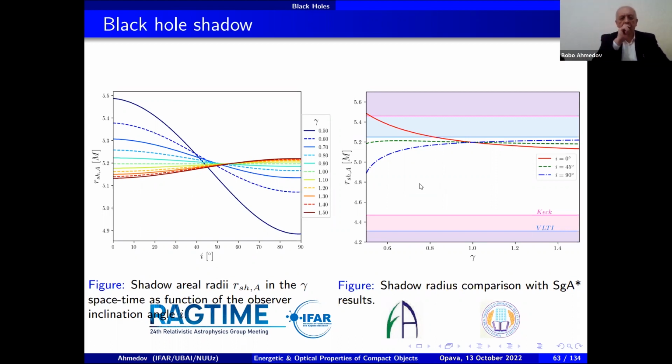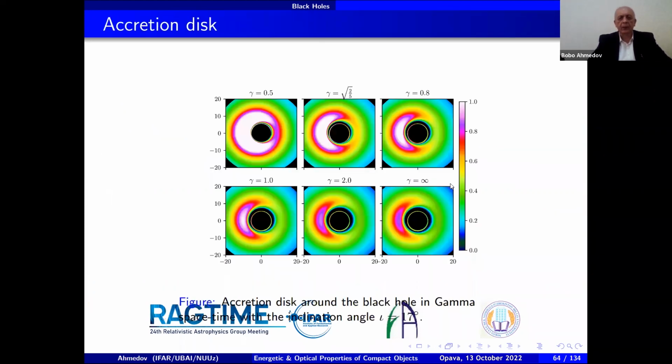On the horizontal axis you can see the inclination angle, and the different colored lines correspond to different values of the gamma parameter. On the right-hand side, using the Sagittarius A star data, we can get constraints on the different parameters of the black holes.